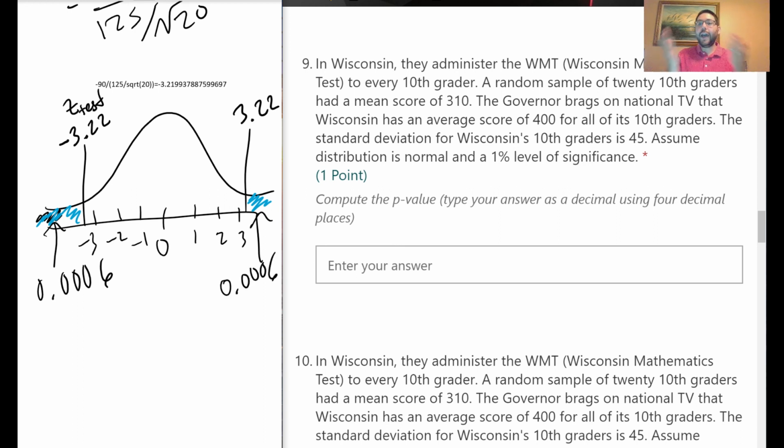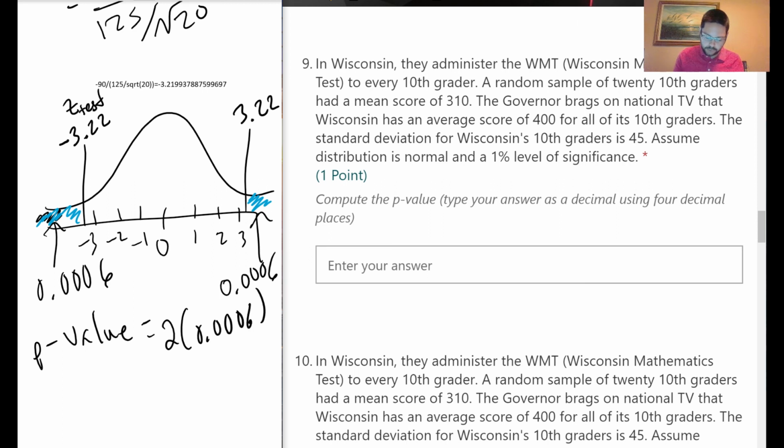So basically you can add them together, or you could just double 0.0006. It's the same thing. So the p-value is adding those together or just doubling it, same thing. And you're going to get 0.0012. That's my p-value, 0.0012.